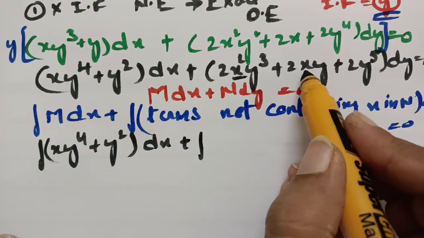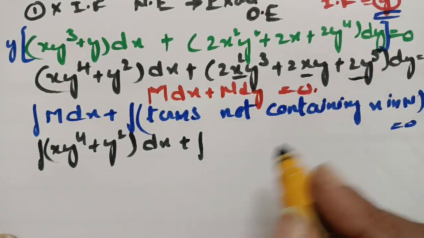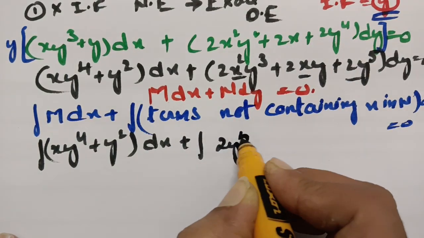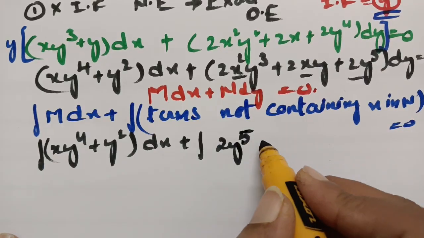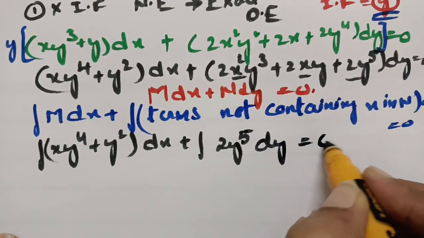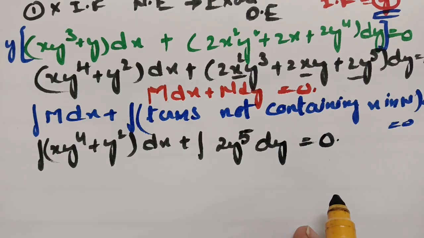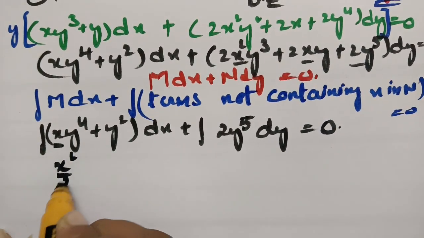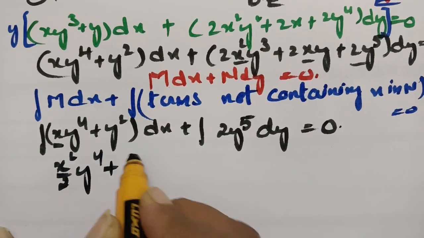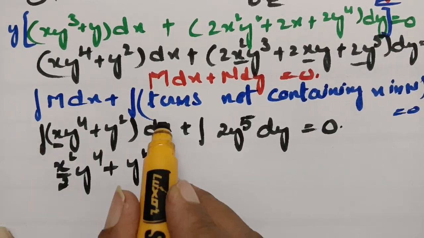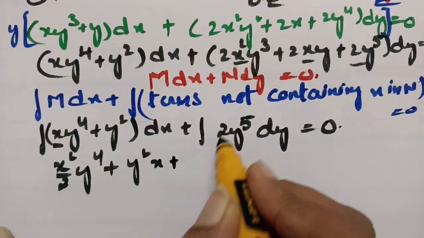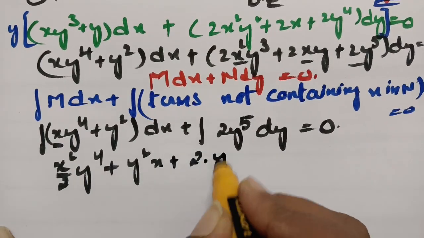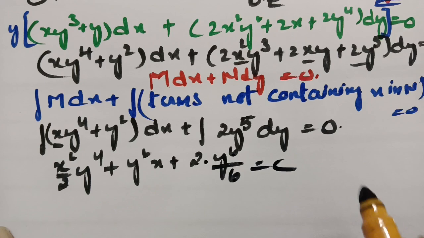There is an x term, there is an x term, and the only term where we don't have x is 2 y power 5, dy. If I integrate with respect to x, x gives x square by 2 into y power 4, y square is a constant so integral 1 dx is x, and here 2 into y power 6 by 6 is equal to c.